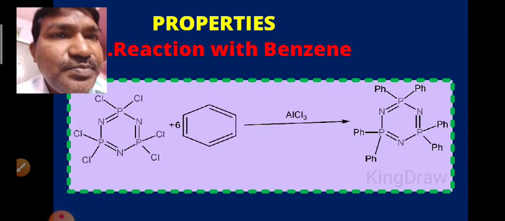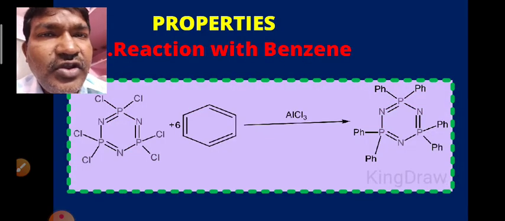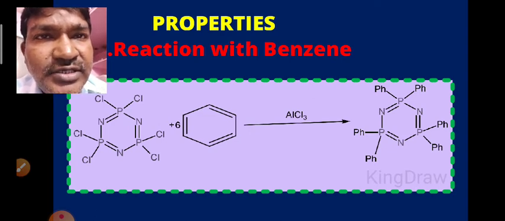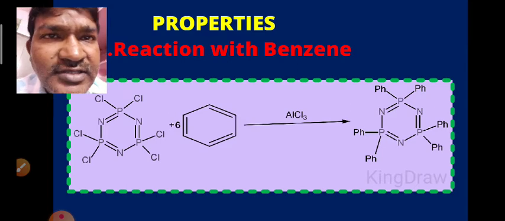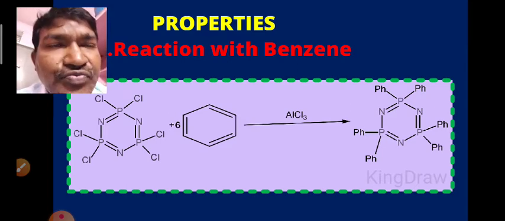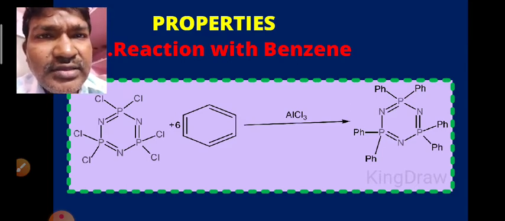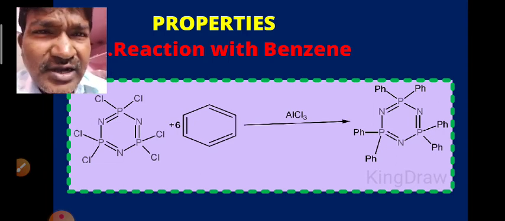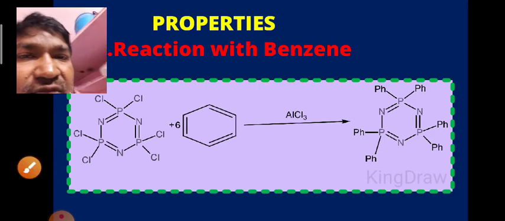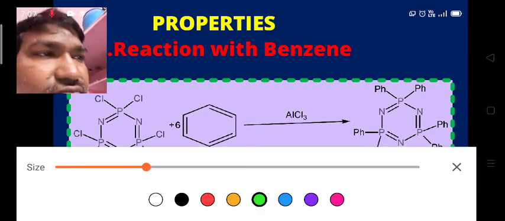Next one, reaction with benzene. We know very well that benzene undergoes electrophilic substitution reactions, and chlorine is a nucleophile. That means here phosphazenes undergo nucleophilic substitution and benzene undergoes electrophilic substitution.